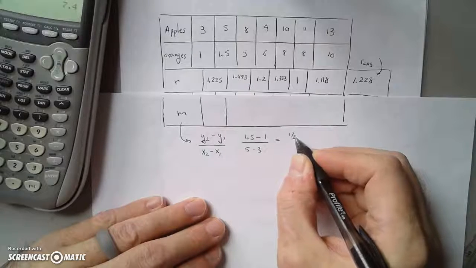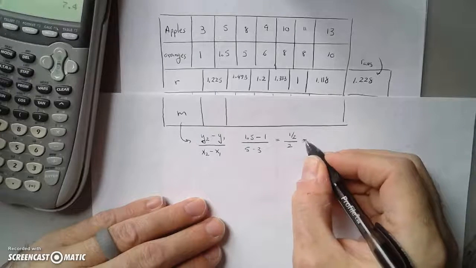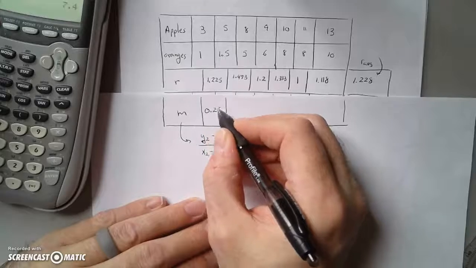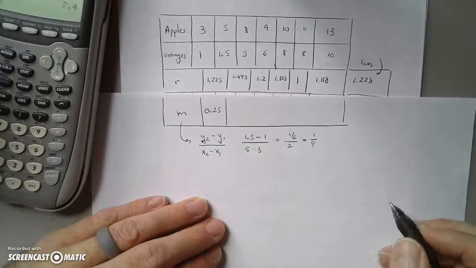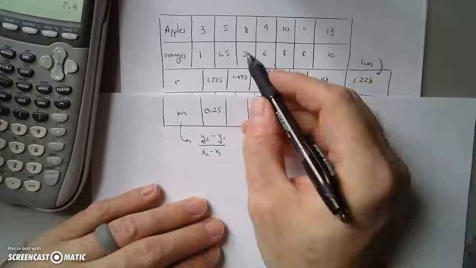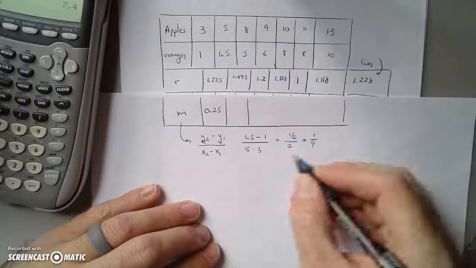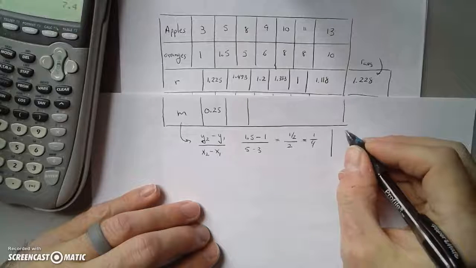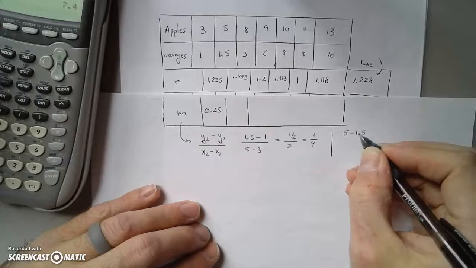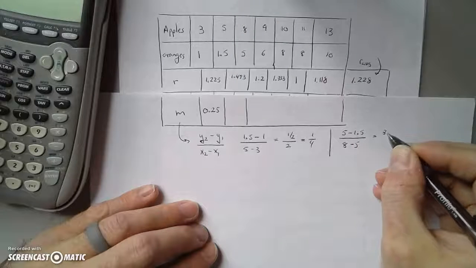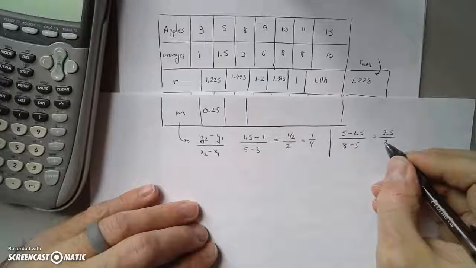So that's a half over 2, which is a quarter. So our first slope would be 0.25. And then our next one would involve these next pair of points. That would be 5 minus 1.5 over 8 minus 5.